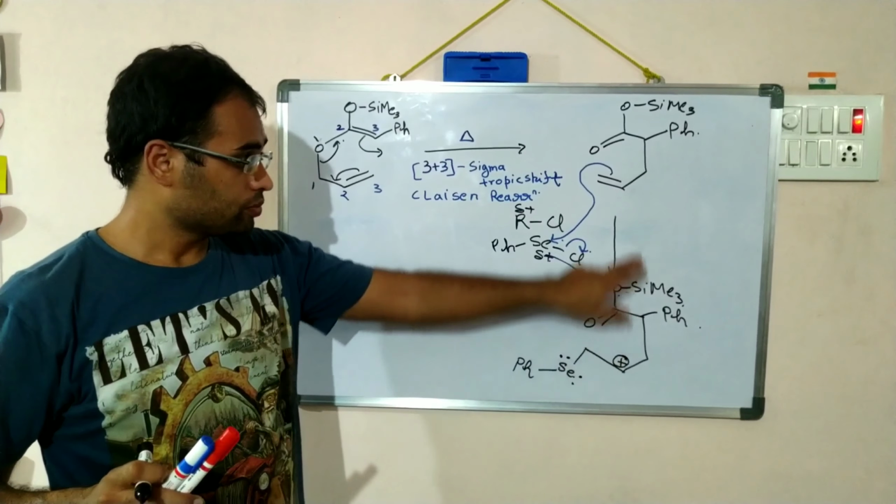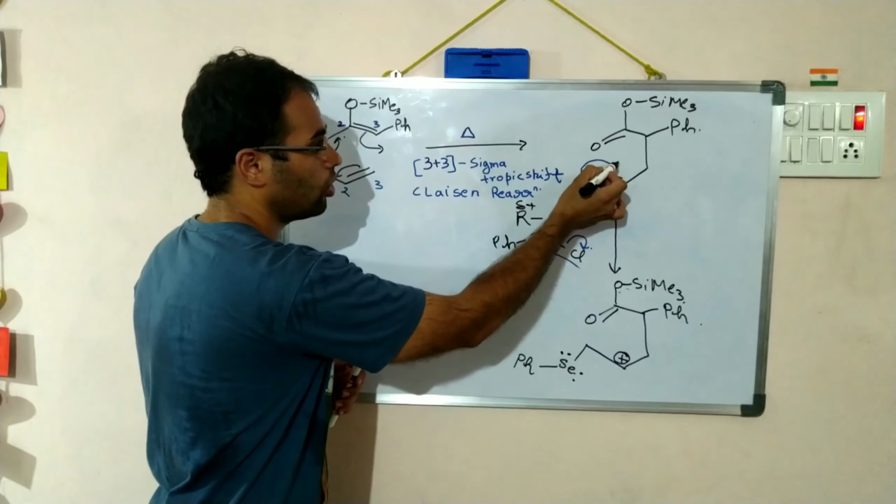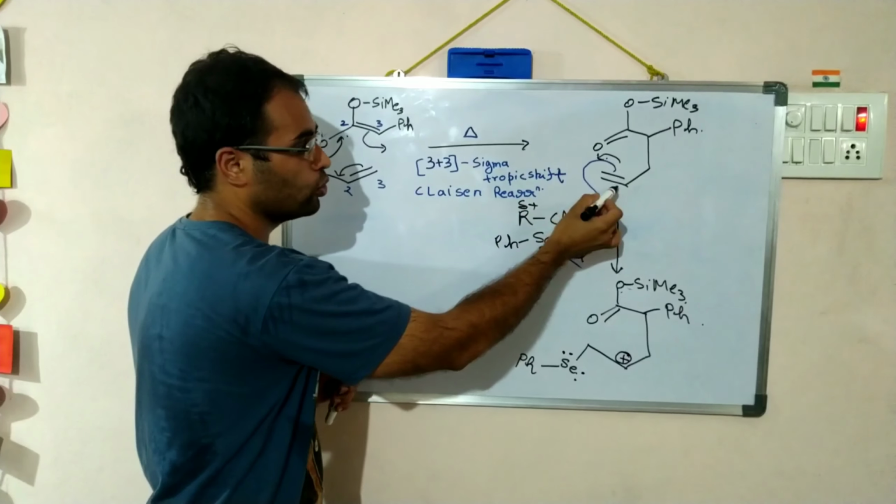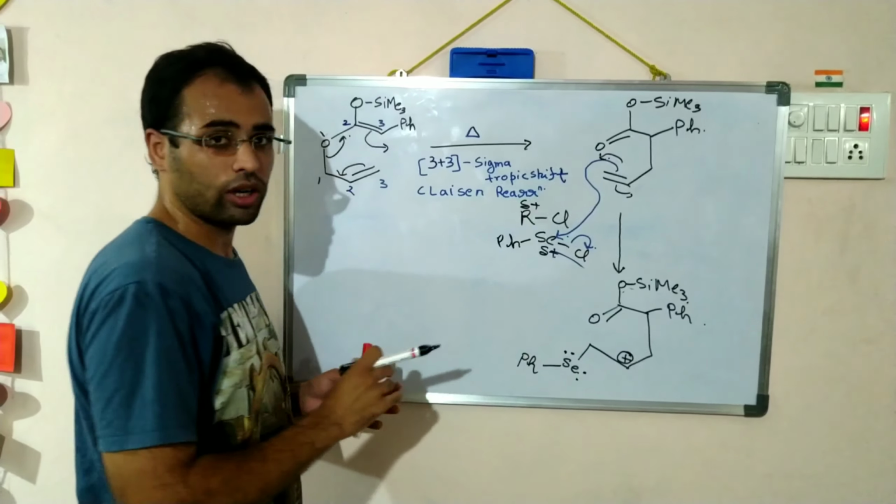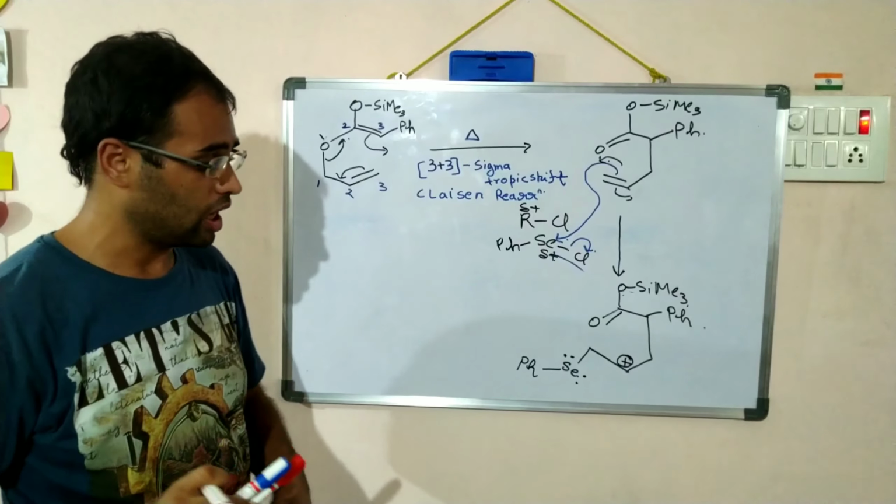That is the reason this double bond moves on this side, because if it moves on this side, you'll get a primary carbocation, and secondary is more stable than the primary carbocation.